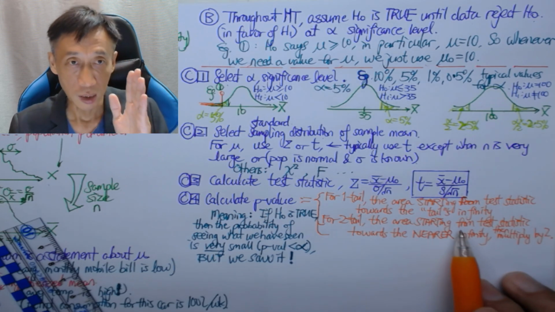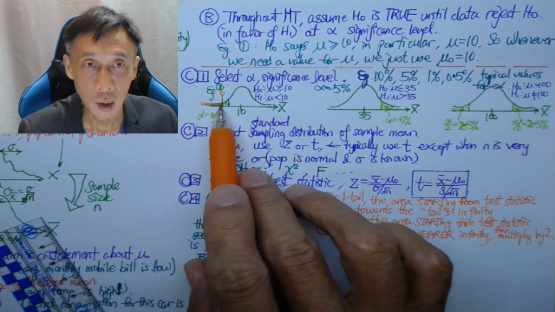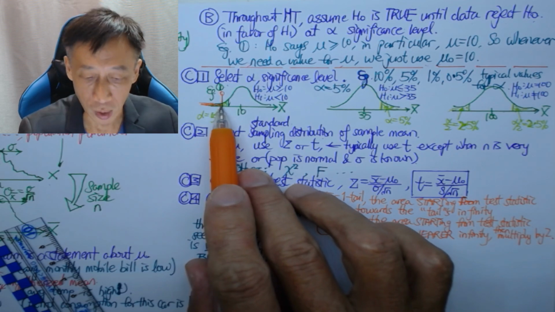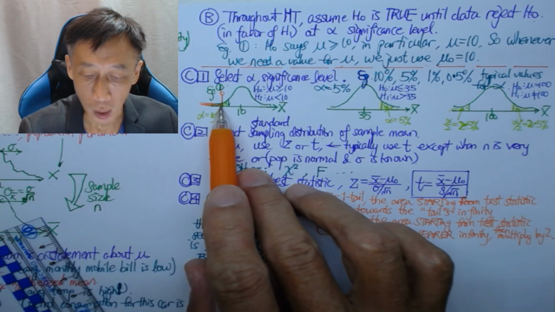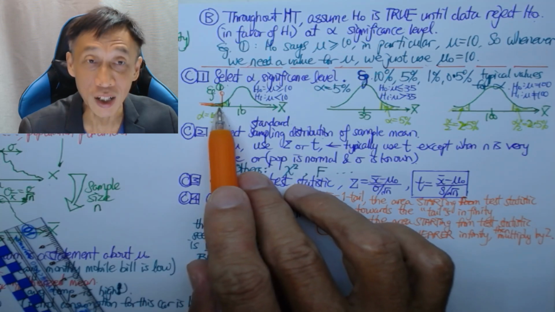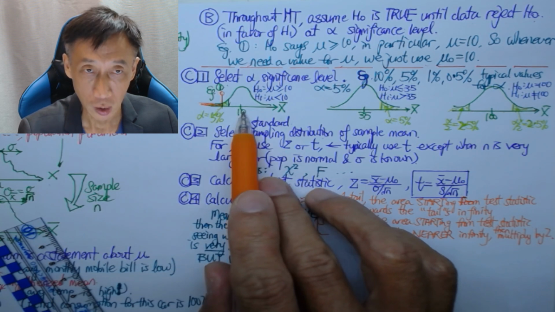It is defined by reality. If the data is very extreme, very into the H1 area, then we will find that it is a very rare event, right? If we assume H0 to be true.